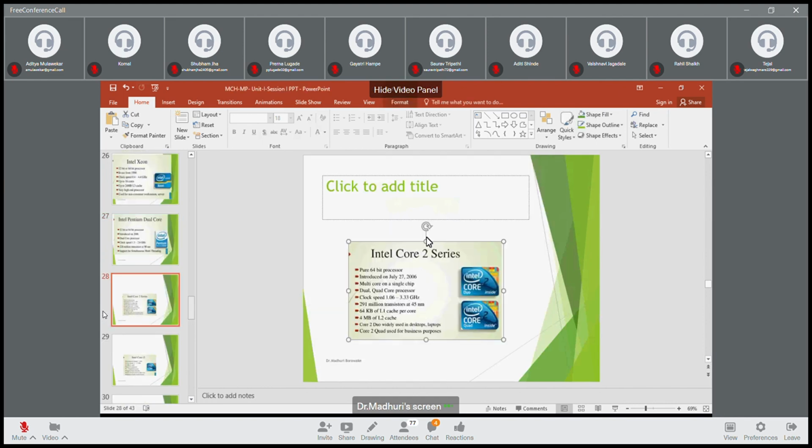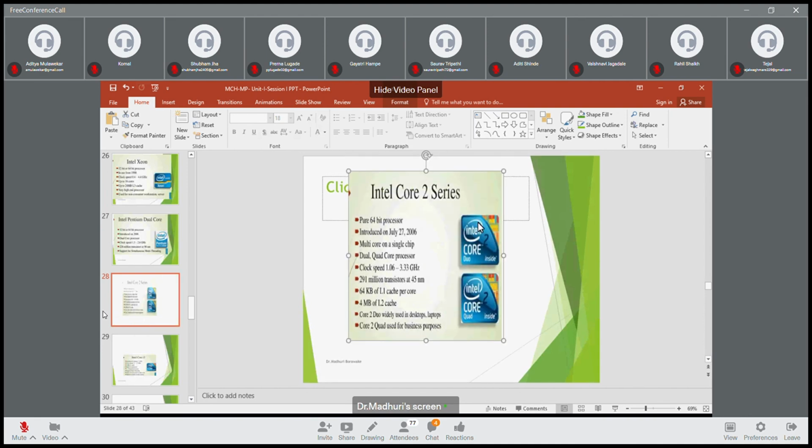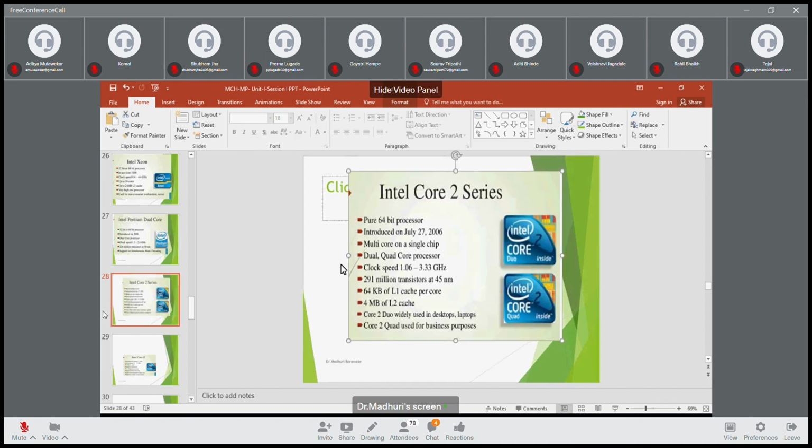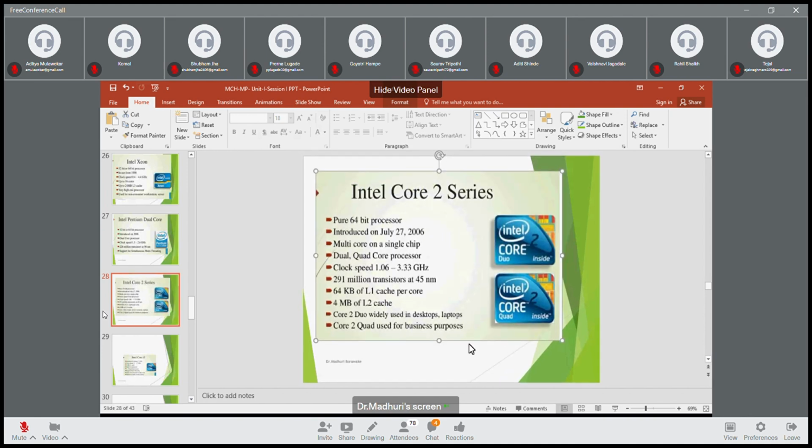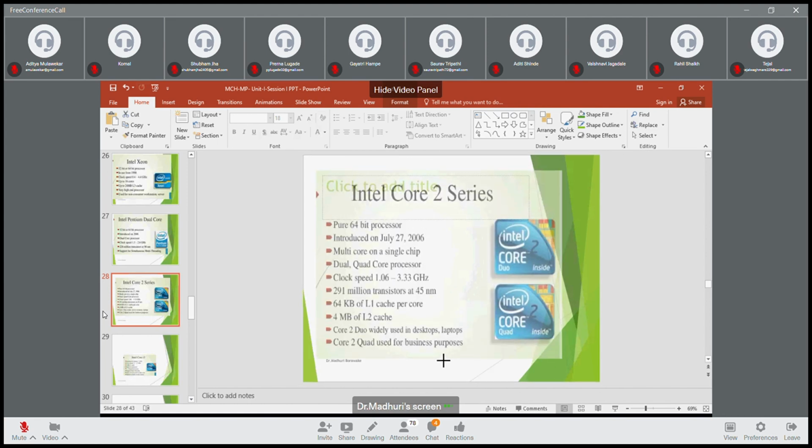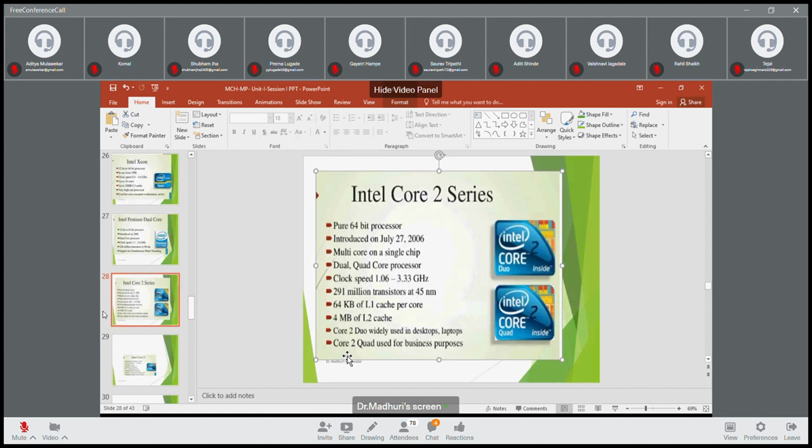Now these are again some series of the Intel Core, the second series. In the second series they have gone through multi-core on a single chip, multi-core meaning many cores on a single chip. A dual core and a quad core, and that's why they have increased the speed to near about 1.6 to 3.33 gigahertz.